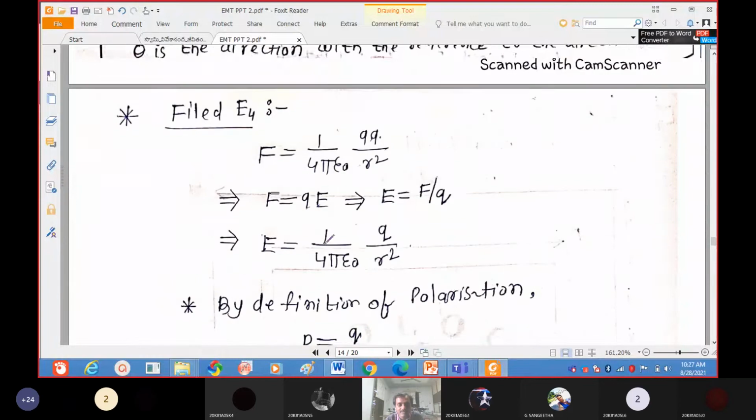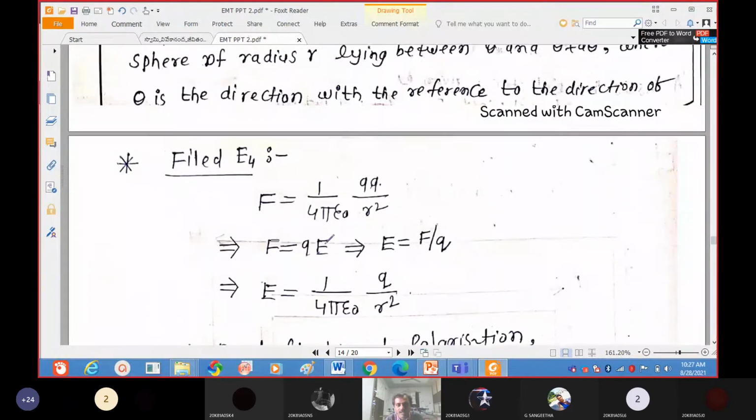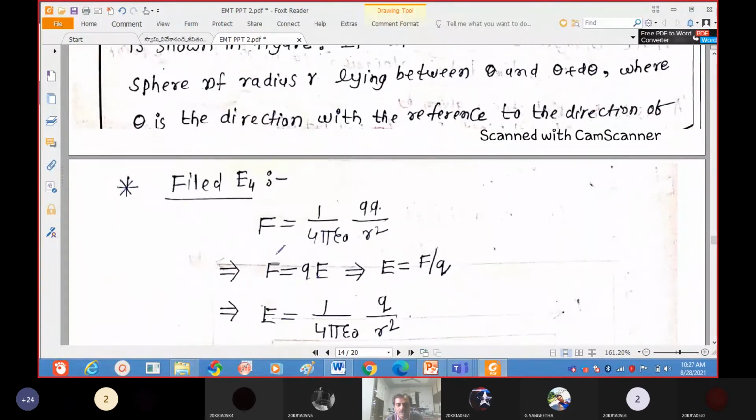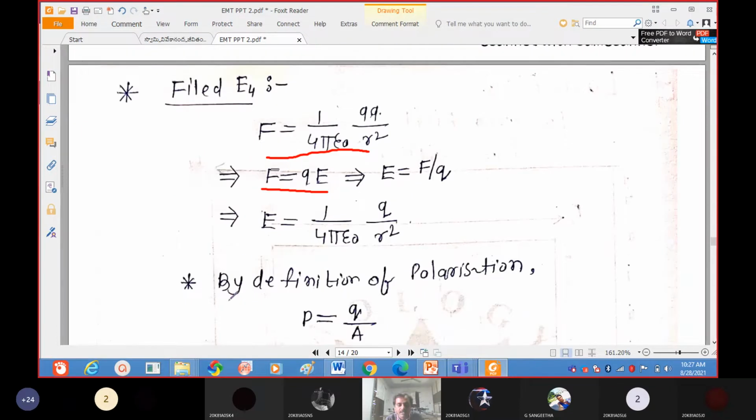For calculating the electric field E4, generally we know the formula for force acting on a charged particle: 1 by 4 pi epsilon naught into q1 q2 by r square. What is the relation between the electric field and force? E is equal to F by Q. From that we can calculate the electric field: E is equal to 1 by 4 pi epsilon naught into Q by R square.